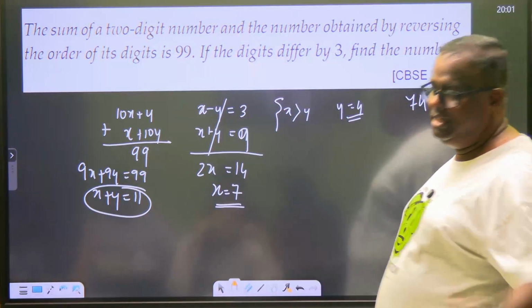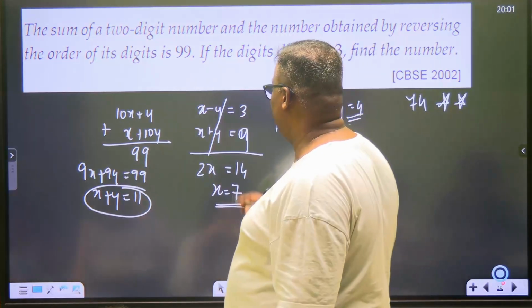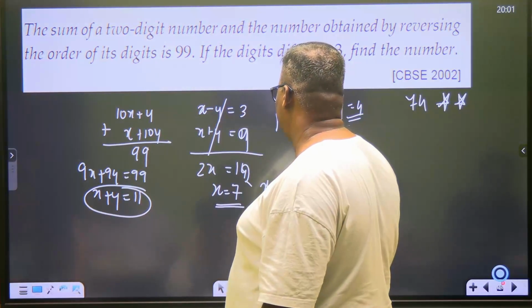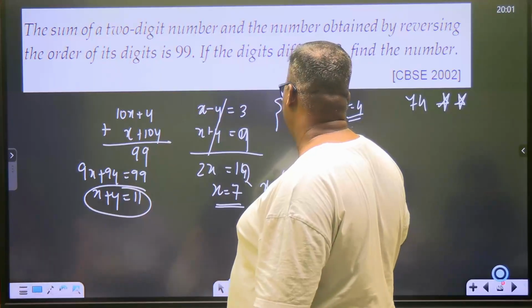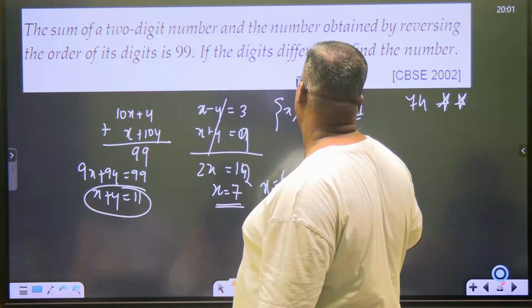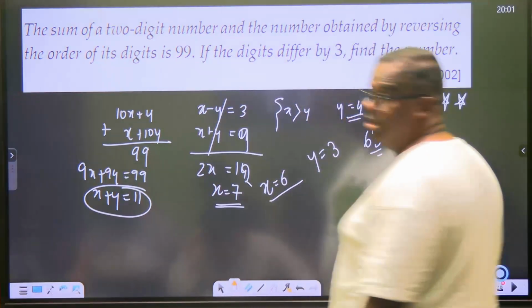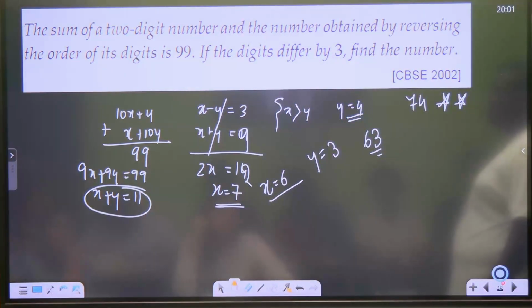I had written 9. His internet is slow. So 2x is equal to 12. x is equal to 6. Then y is equal to 3. The number is 63. I just confused you.